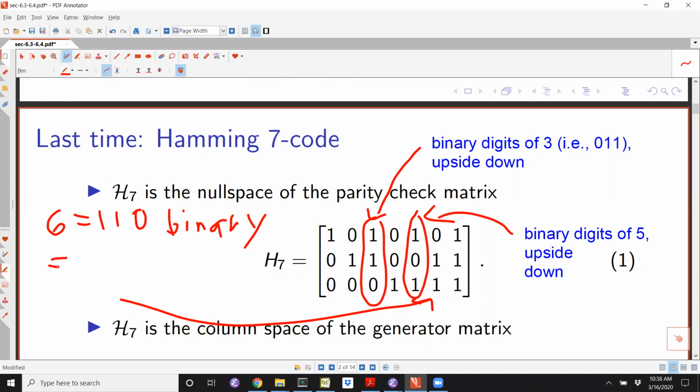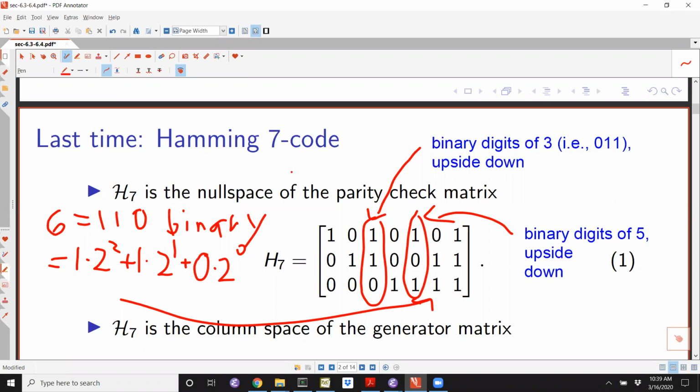Because that's equal to 1 times 2 squared plus 1 times 2 to the 1 plus 0 times 2 to the 0. Yes, exactly. The binary digits of a number are the weights that you give to the powers of 2 to add up to that number. Did that answer your question? Yes, thank you. That was an excellent question.